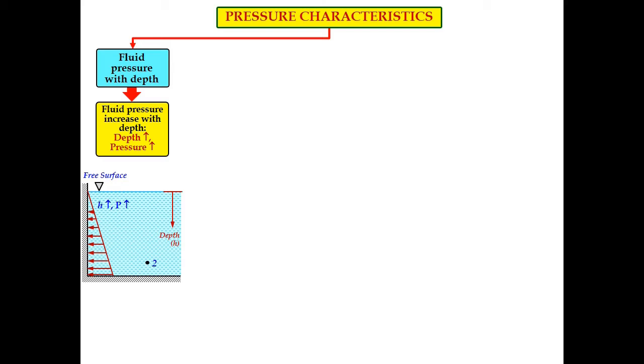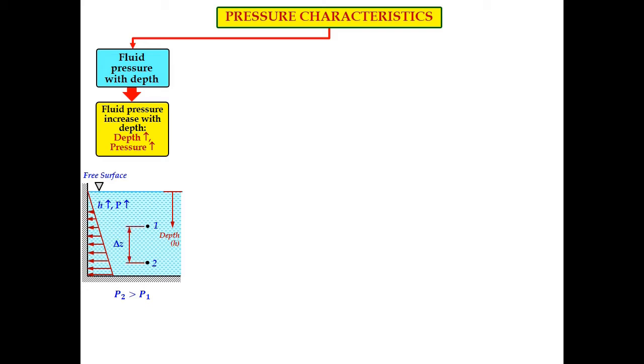When the value of H, or depth, increases, the pressure will also increase. For example, let's say we have points 2 and 1. The pressure at point 2 will be higher compared to the pressure at point 1.